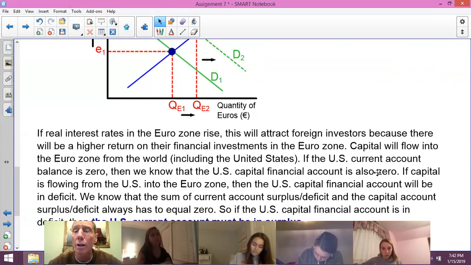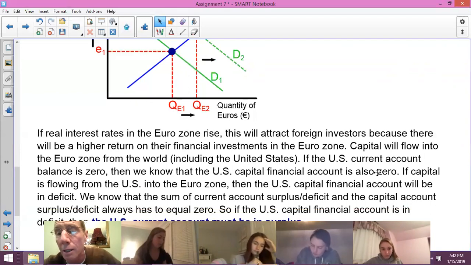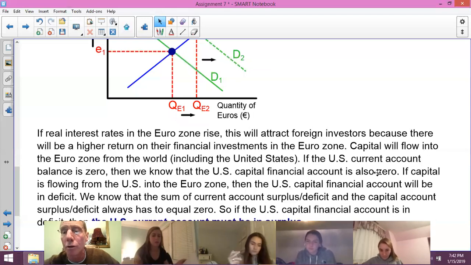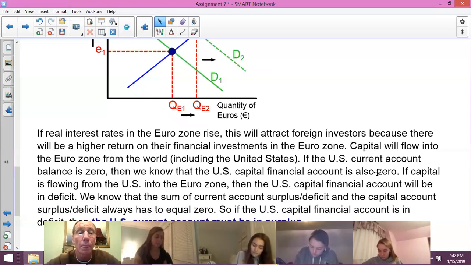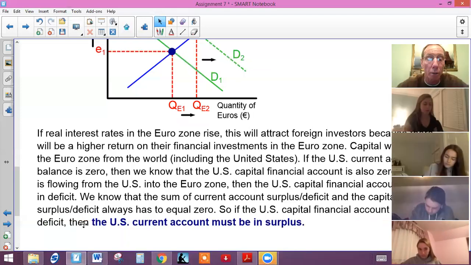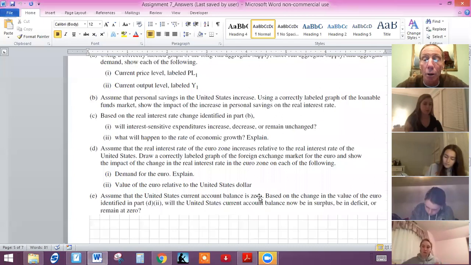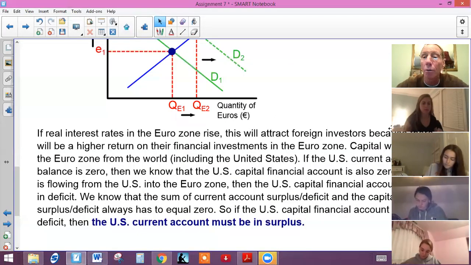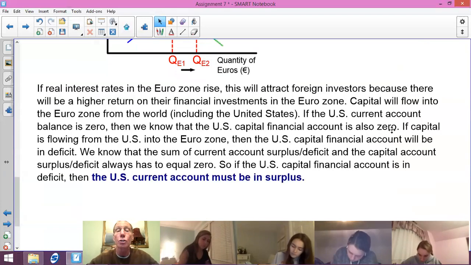If the US current account, now the current account is the balance of trade, imports versus exports. That's the current account, right? And if that balance is zero, which I believe the problem said it was, right? Yeah, zero, okay? If that balance is zero, then we know that the financial capital account is also zero, because the two together have to be zero.